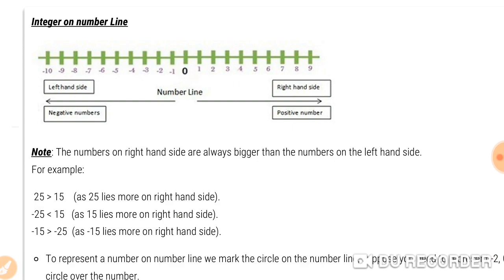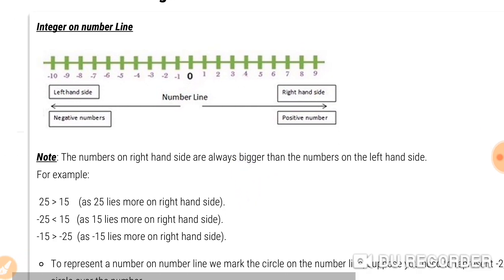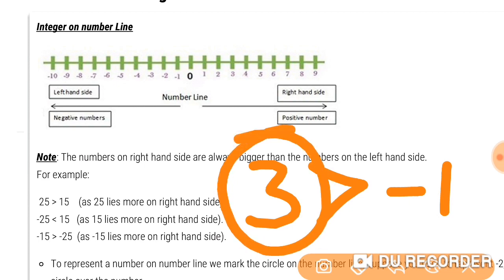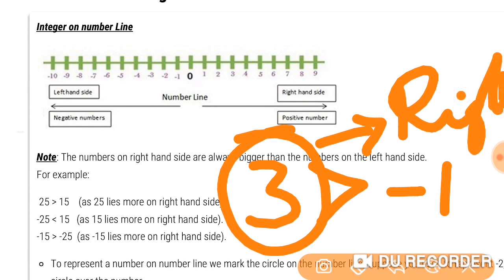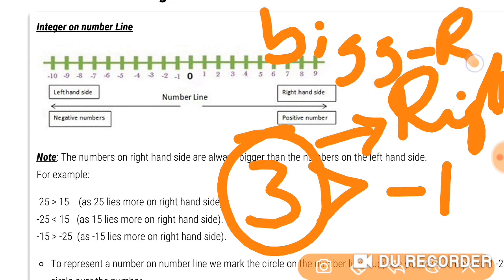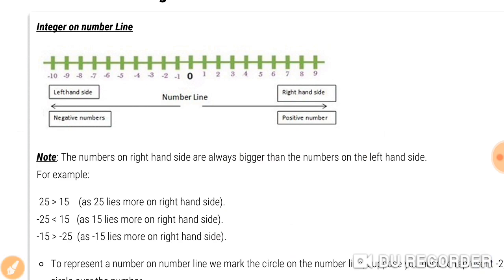An example I can take again: 3 is greater than minus 1. Why is 3 greater? Because a greater number is always at the right side. So you must know that a bigger number is always on the right.